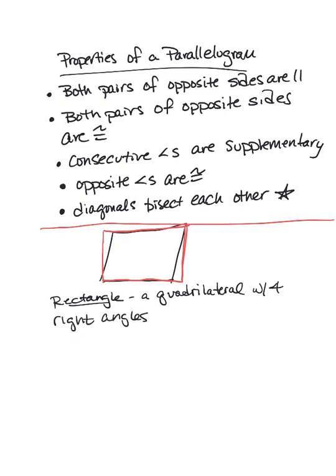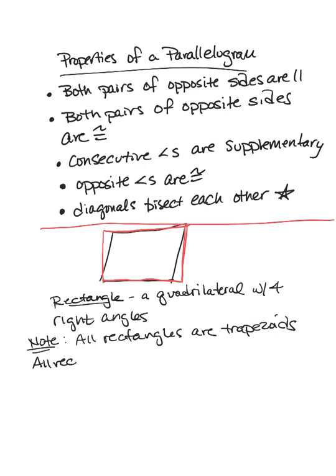Now take note, the more specific quadrilaterals are rectangles. The more specific is the less general. So all rectangles are trapezoids, but only some trapezoids are rectangles.